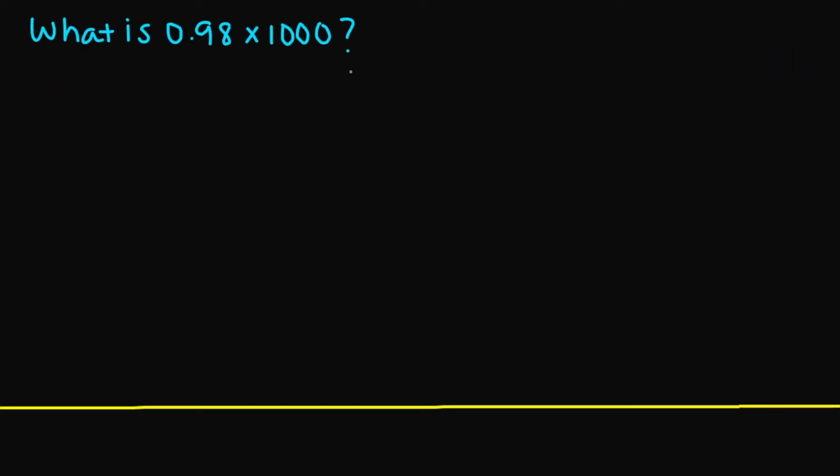So let's say we needed to multiply 0.98 times 1,000. We know that we could set up a pattern. 0.98 times 1, we know that's going to give me 0.98.